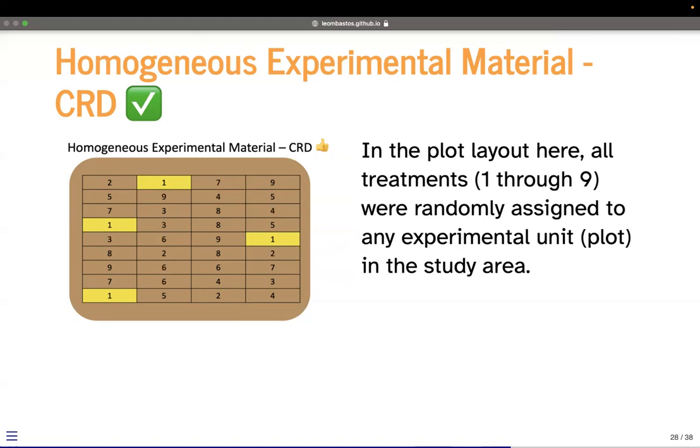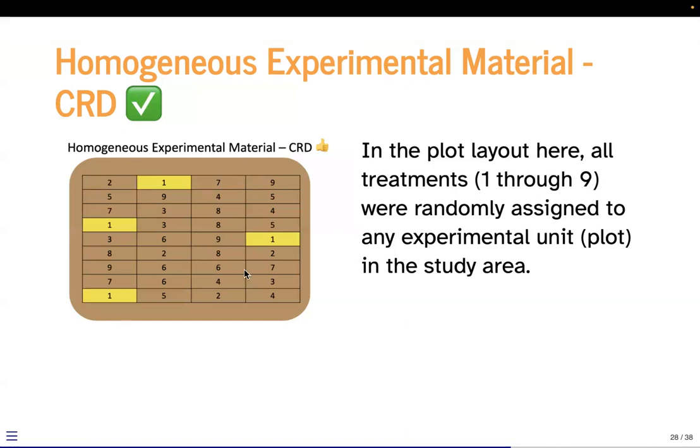So when we randomize our treatments, each one of these cells on this grid has a number, and we randomize all of our 36 experimental units to any one of these plots in the farm. Because we have no restriction in randomization, the same treatment could fall in neighboring plots, right? You're just randomizing any single treatment to any single experimental unit.